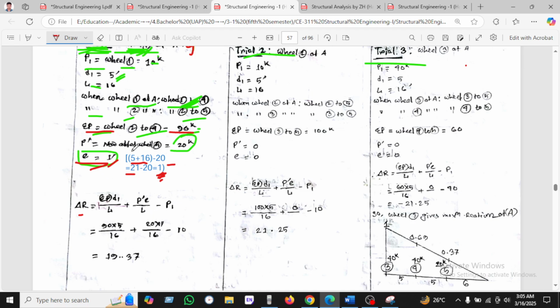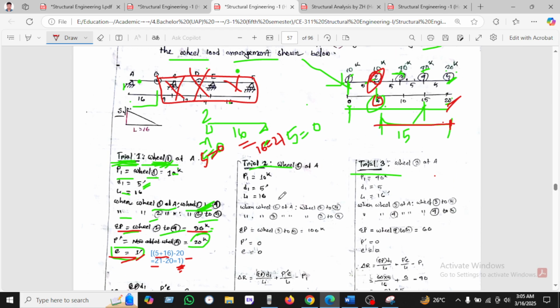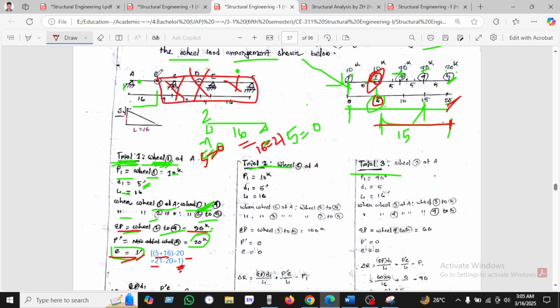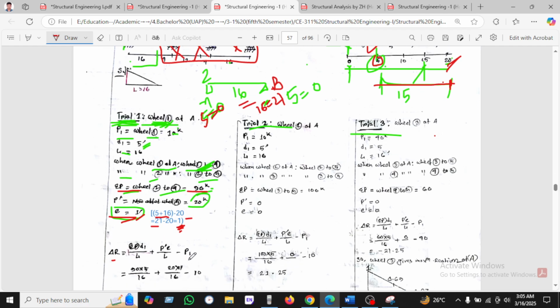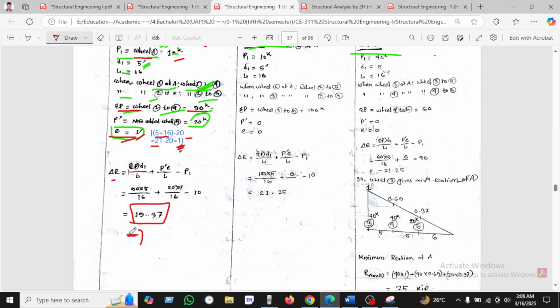And P1 we have known, the new load is coming here, as we have seen the 20 kip, which is P prime, and E we have found 1 kip, which is the last wheel load, and the distance of B, and P1 we know the P1 is the wheel load 1, which is 10 kip is given, and we have found 19.37, so it will not get the maximum load, because when we get the negative value, then we will get the maximum load.